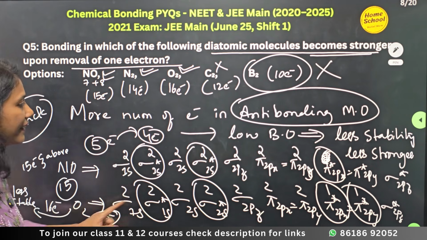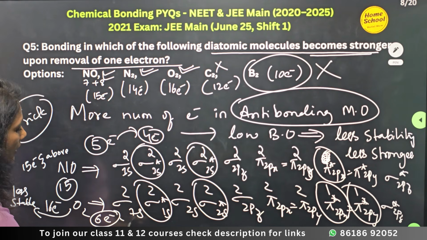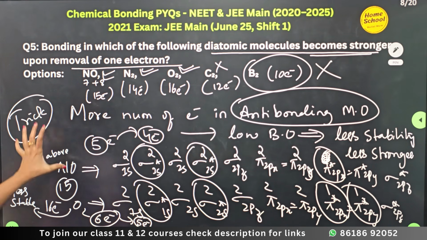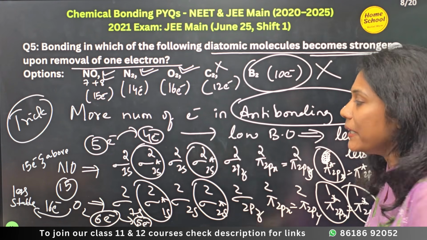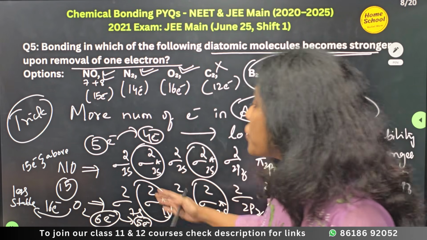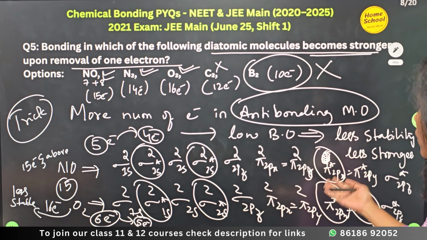When I remove one electron from this one, the number of electrons in anti-bonding will become 5. So which of them gets more stabilized on removing one electron? Actually both of them will get stabilized on removing one electron from anti-bonding, but out of 2 you have to select only one. So which of them is getting more stabilized by removing one electron in anti-bonding?